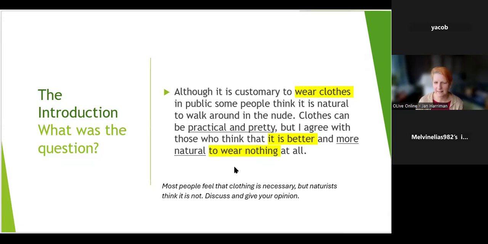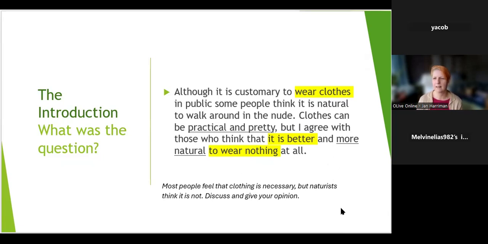The person has summarized the question and added some details about what they're going to talk about. That is a really good introduction because it answers the question and tells you what is going to be discussed in the paragraphs below.